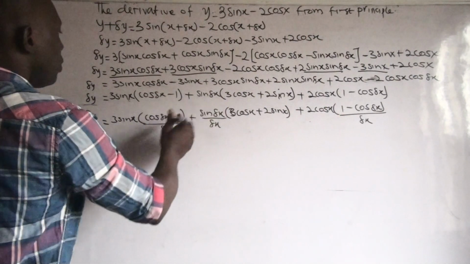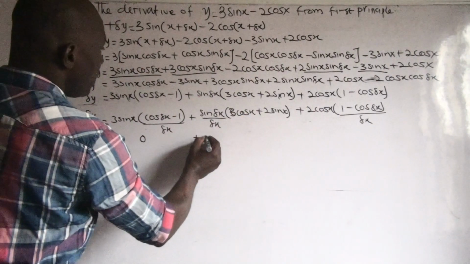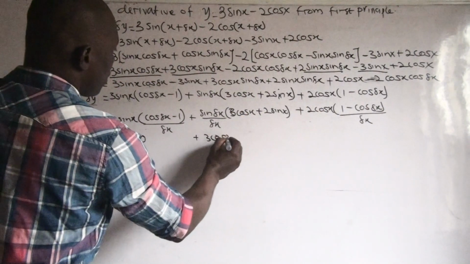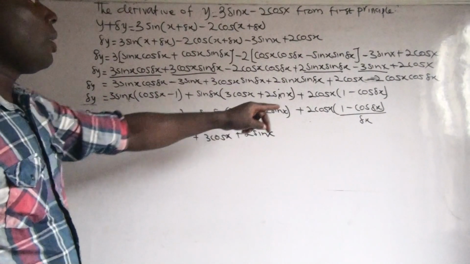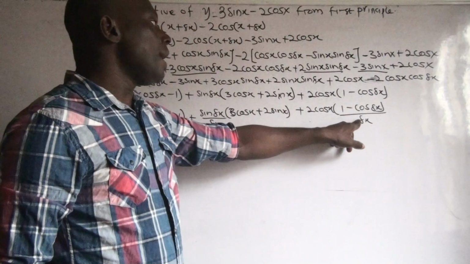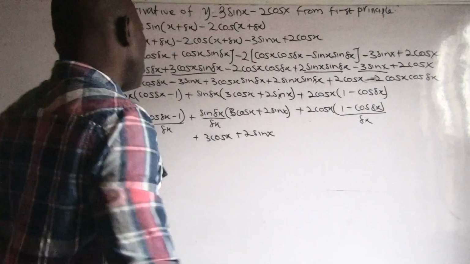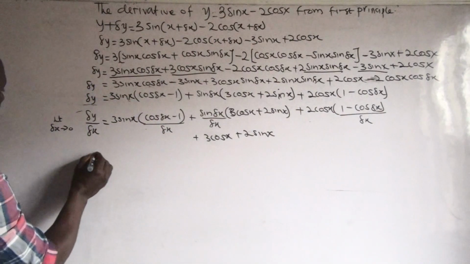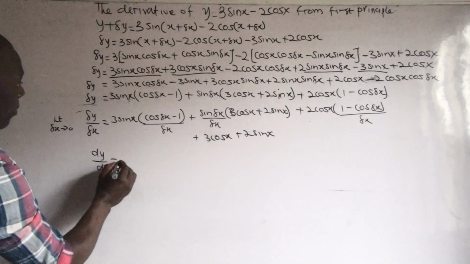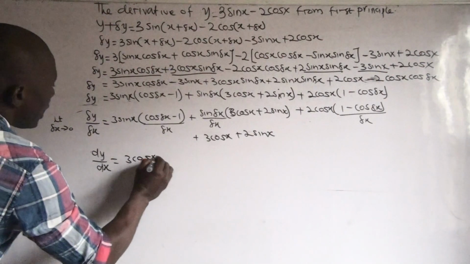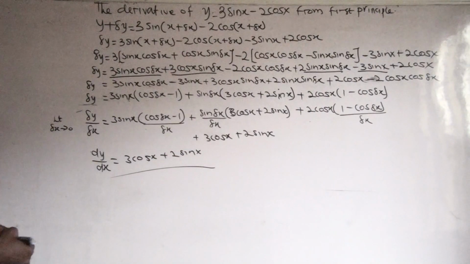So this one is 0 already, and what will be left is 3 cos x plus 2 sin x. Similarly, if we apply the same rule here, this limit will tend to 0, and 0 multiplied by this will be 0. So our answer becomes dy/dx equals 3 cos x plus 2 sin x. So this is the answer.